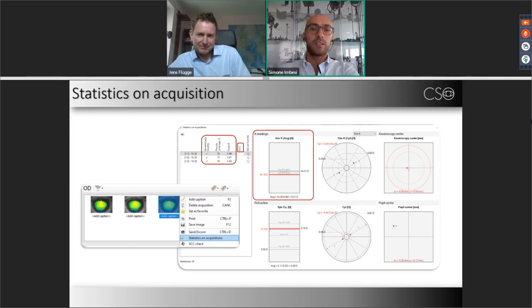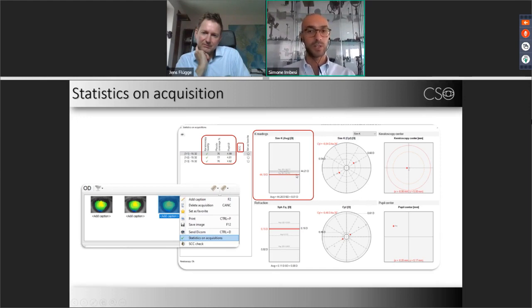Another thing that is reported in our quality acquisition summary is the standard deviation of SCHWIND. Your goal will be to have the lowest standard deviation possible. This means that you had a great repeatability of the measurement.